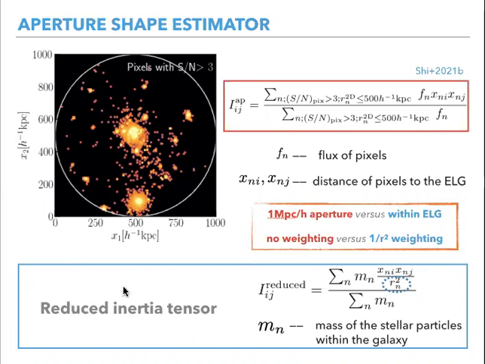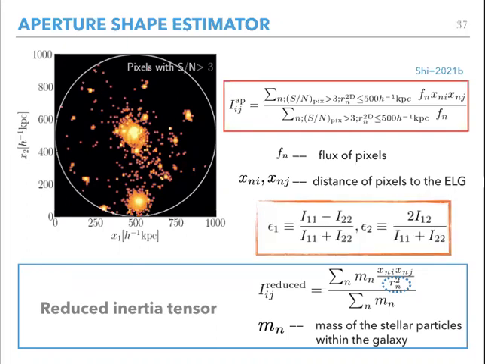Here is a comparison with what people typically use in simulations, the reduced inertia tensor. Compared with that one, our new shape estimator includes a large aperture, and it puts no 1/r² weighting on the fluxes.